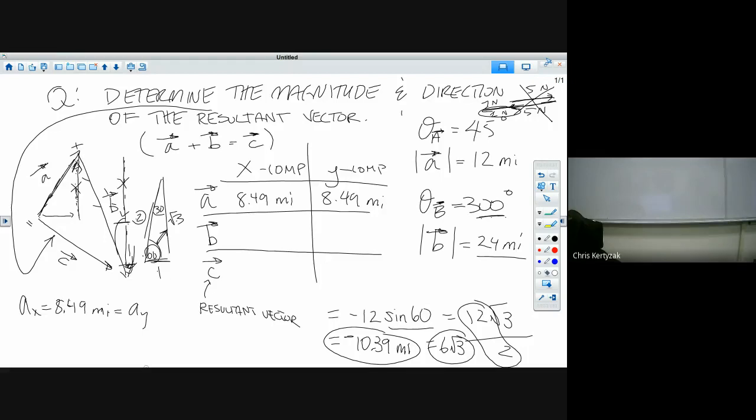I know the Y is on the bottom of my page, so BY would be here. What was my X? I erased it. Can someone tell me? 12 cos 60. Or no, B was 24. Take that back, 24 cos 60. 12. Okay, so this was 12.